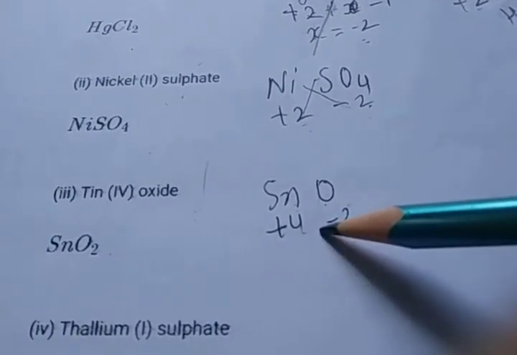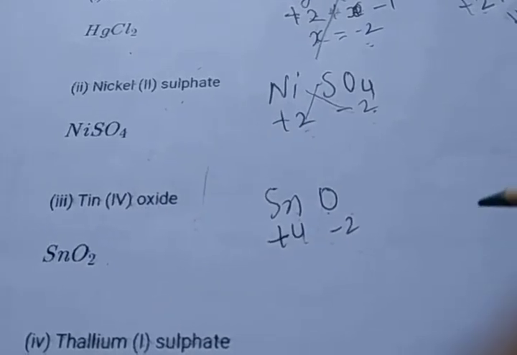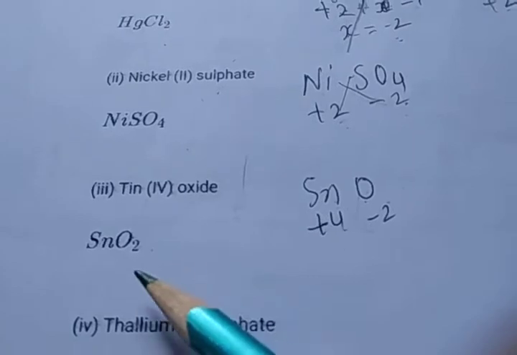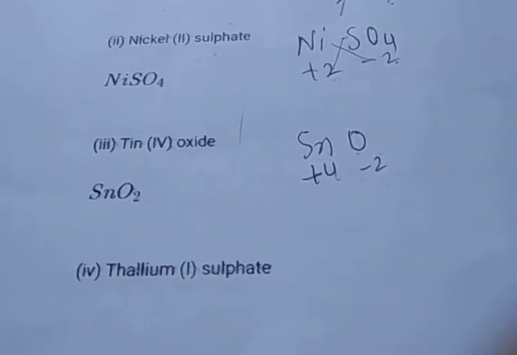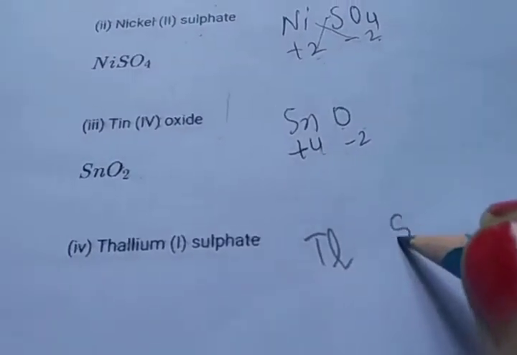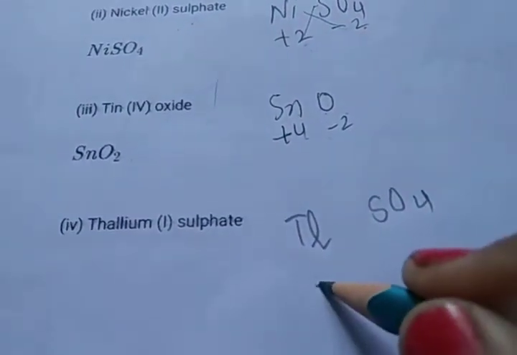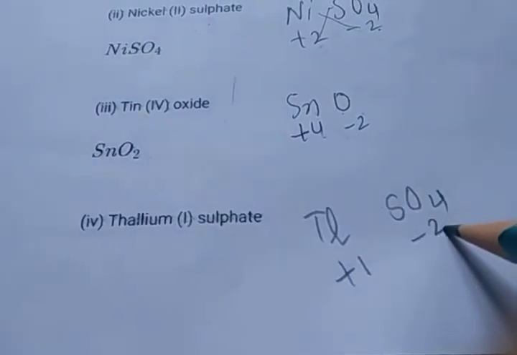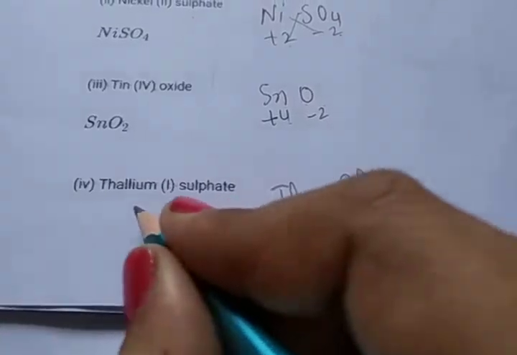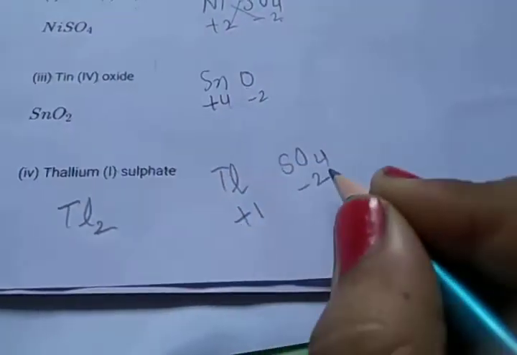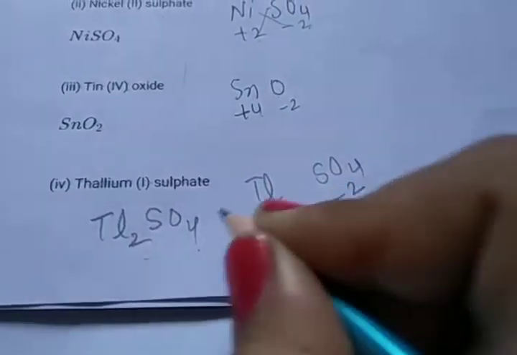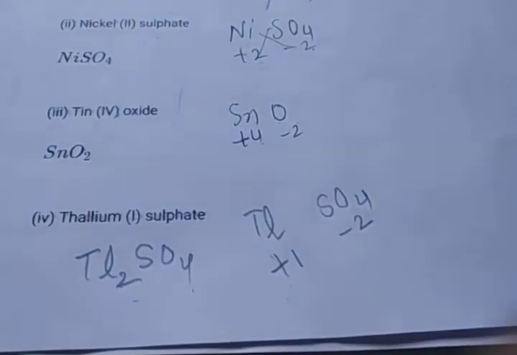Cross multiply, so Sn2O4, and in the lowest ratio, SnO2. Thallium(I) sulfate: thallium is Tl, sulfate is SO4. Thallium is +1 and sulfate is -2, so the valency goes to the downside: Tl2SO4 is the formula of thallium(I) sulfate.